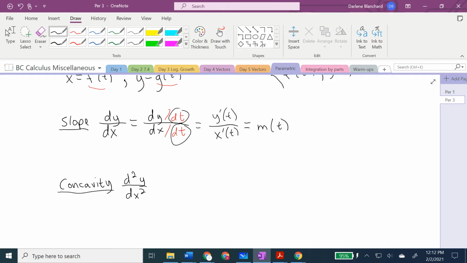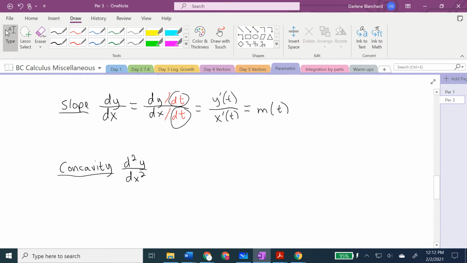Now, that means from the dy dx that you got from slope, you need to differentiate with respect to the x variable to get the second derivative of y with respect to x.